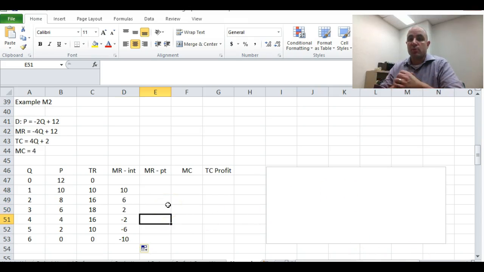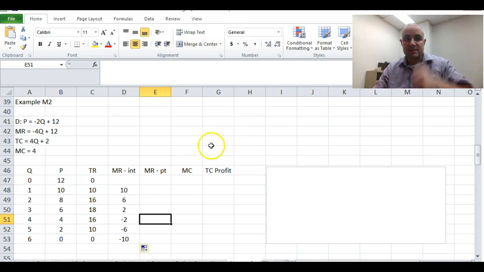Now, the marginal revenue at the point, which is a more accurate way to look at it, gives the marginal revenue at specific points. When you look at the marginal revenue over the interval, it says it goes from 0 to 1, so basically it's the midpoint in between those. The point gives you the marginal revenue actually at a unit. Because our demand curves are for the most part going to be linear, at least the way we're looking at it here, we can look at infinitely small changes.